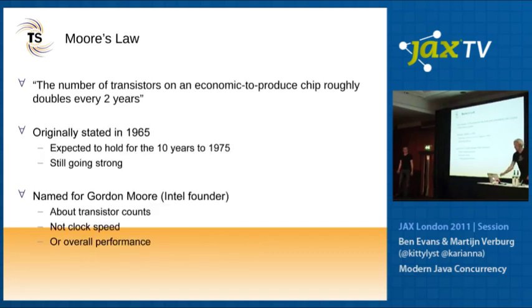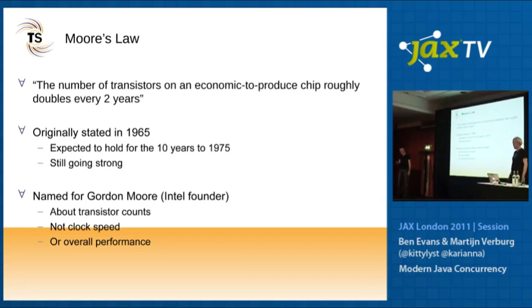But as we saw in Simon's talk, we have had a change recently which means we have to start thinking multi-core. At the heart of this is Moore's law, which basically says you can get more and more transistors on a chip.